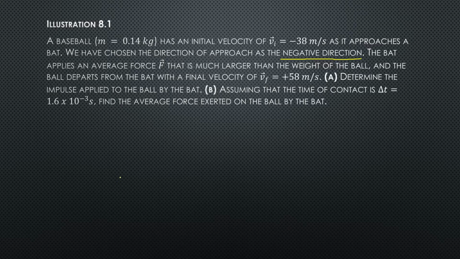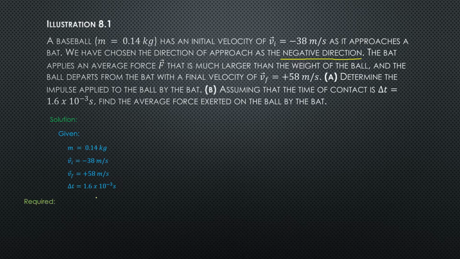So what is the solution? Given is the mass of the baseball, 0.14, initial velocity negative 38 meters per second, final velocity positive 58 meters per second, and the change in time, or time interval, is 1.6 milliseconds.